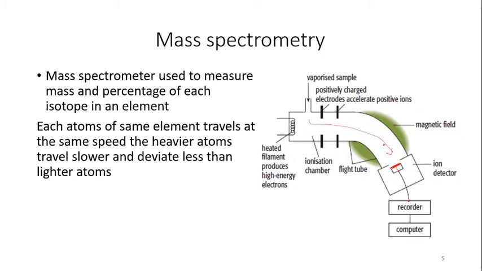The first to reach the detector would be the lighter atoms, and the slower ones would be the heavier atoms. Also, because it's a bent shape, the ones that deviate more will be the lighter ones, and the heavier ones will deviate less than the lighter ones.